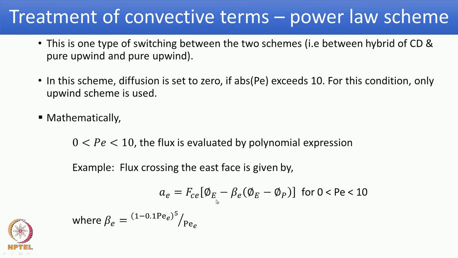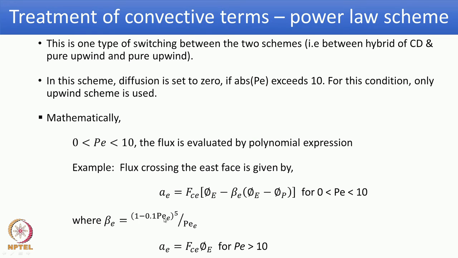It becomes purely upwinding. So, this part beta e is 0 and Fc e is purely phi at E. So, that is pure upwinding. That is what is shown here. For values definitely greater than 10, then Ae is Fc e times phi from the node E.